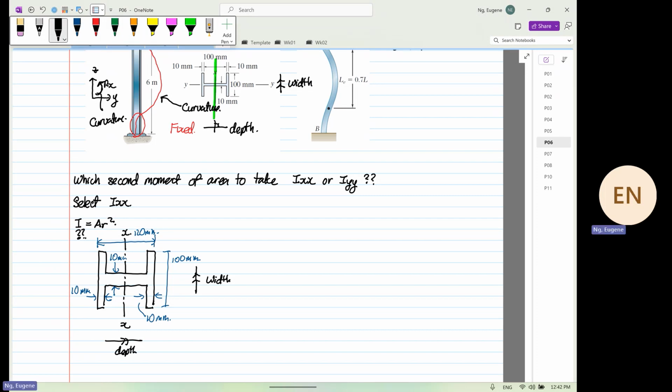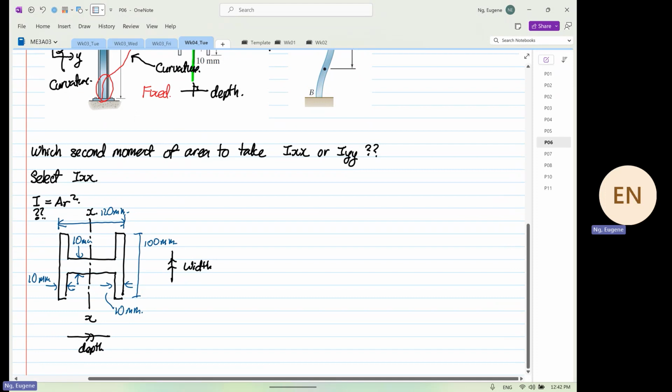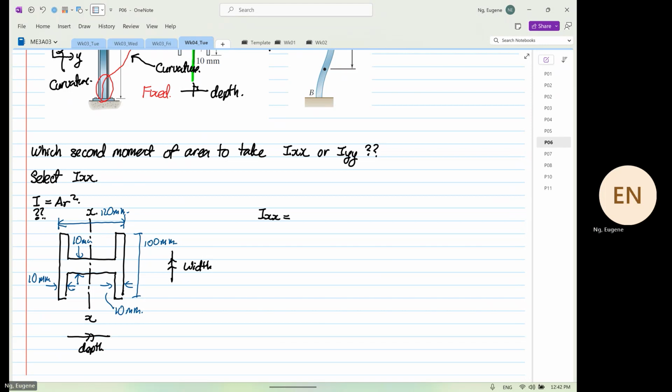There are different ways of doing it. So Ixx is equal to, the width is 100. The depth is 120, power of 3 divided by 12. So this represents the entire rectangle. Okay.